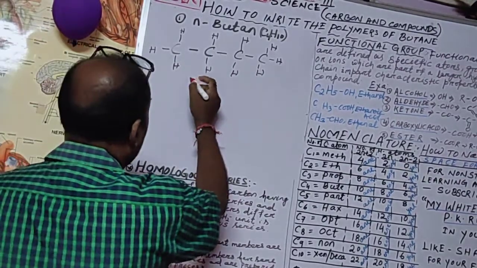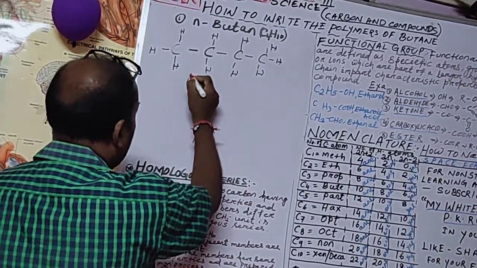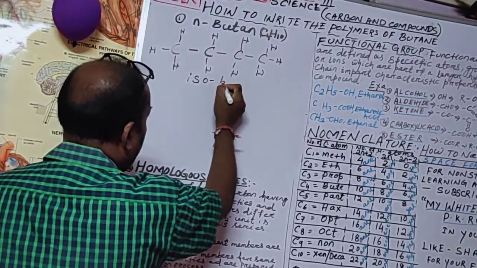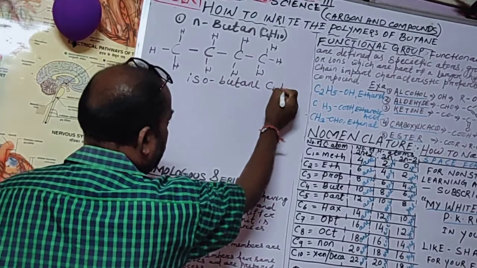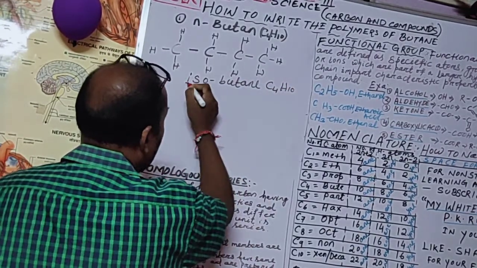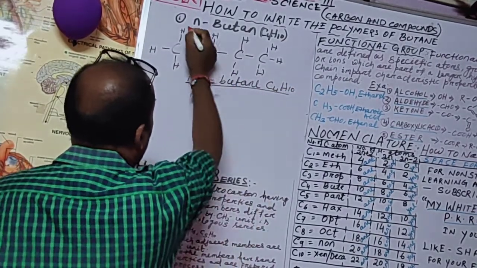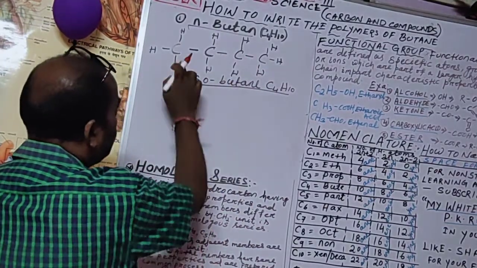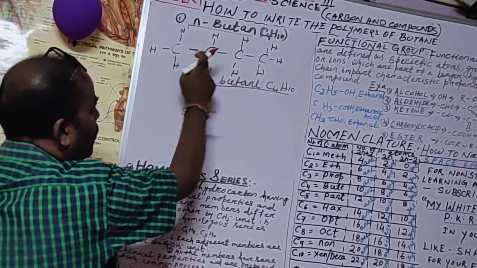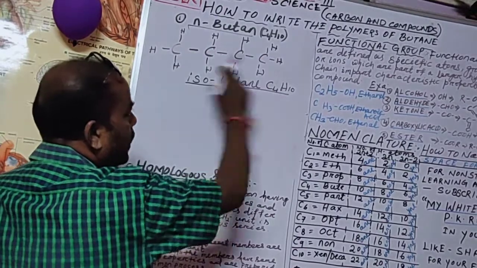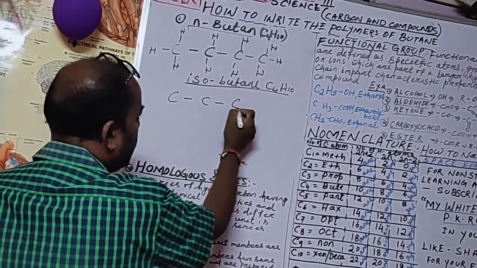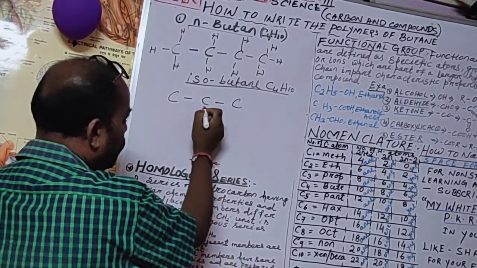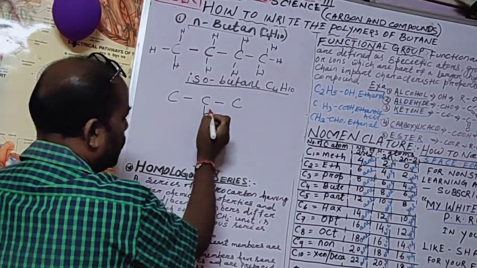Then we will come to the isobutane. Isobutane also has formula C4H10 because it is a butane. Let us see how we have to make the isobutane. In N-butane we took 4 carbons in a straight chain, but here we will take 3 carbons in the chain, then one carbon we make as a branch, suppose here.